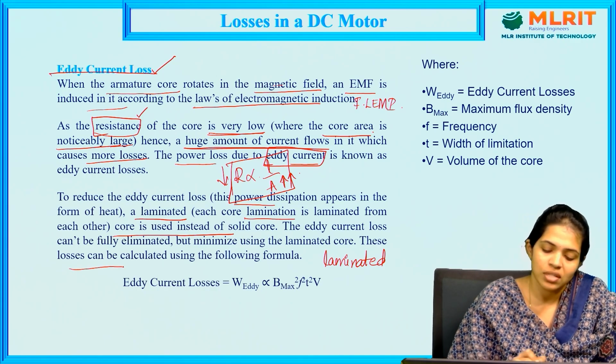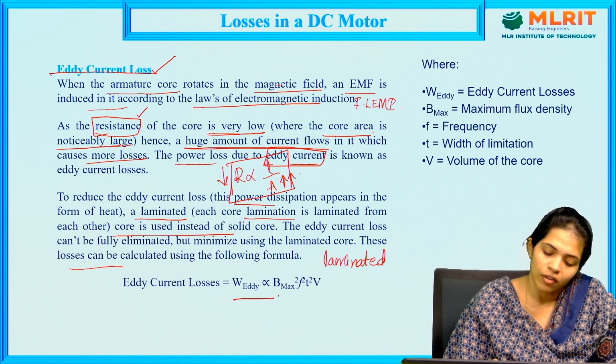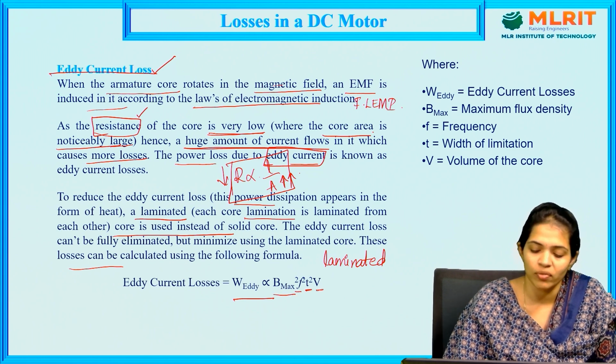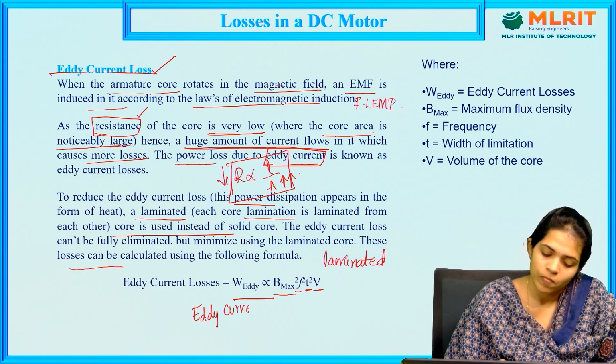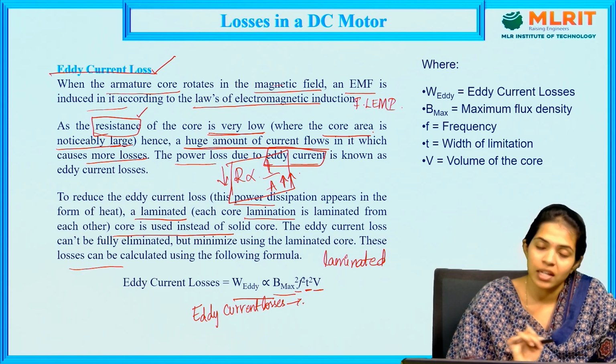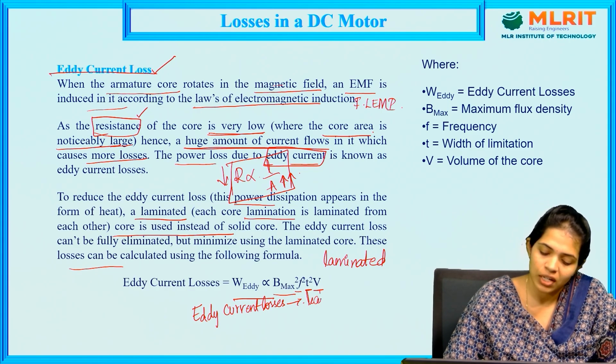These eddy current losses depend on flux density, frequency, and both the thickness and volume of the core. So eddy current losses are the losses which occur due to the leakage currents, or the currents flowing in the core of the DC motor.